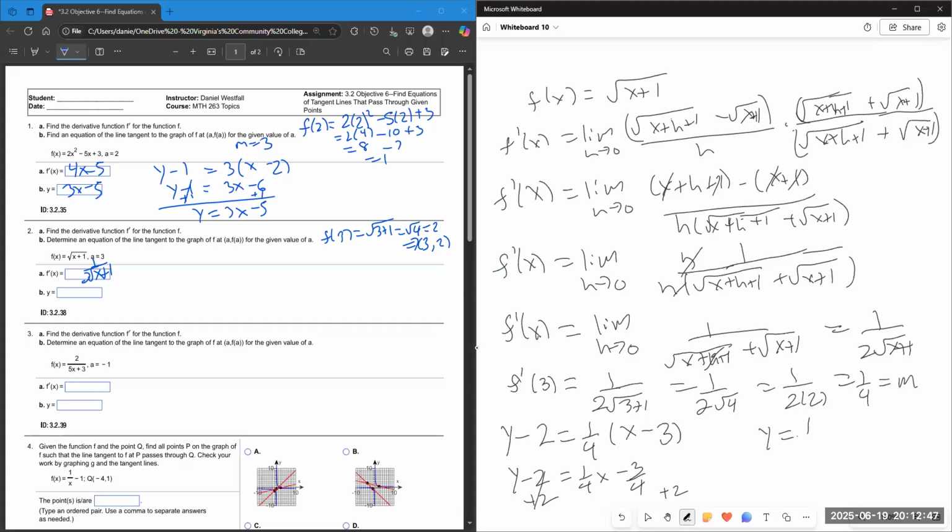Y is equal to 1/4 x minus 3/4 plus 2 over 1. Let's make a common denominator of 4 over 4. Y equals 1/4 x minus 3/4 plus 8/4. Y equals 1/4 x plus 5/4.